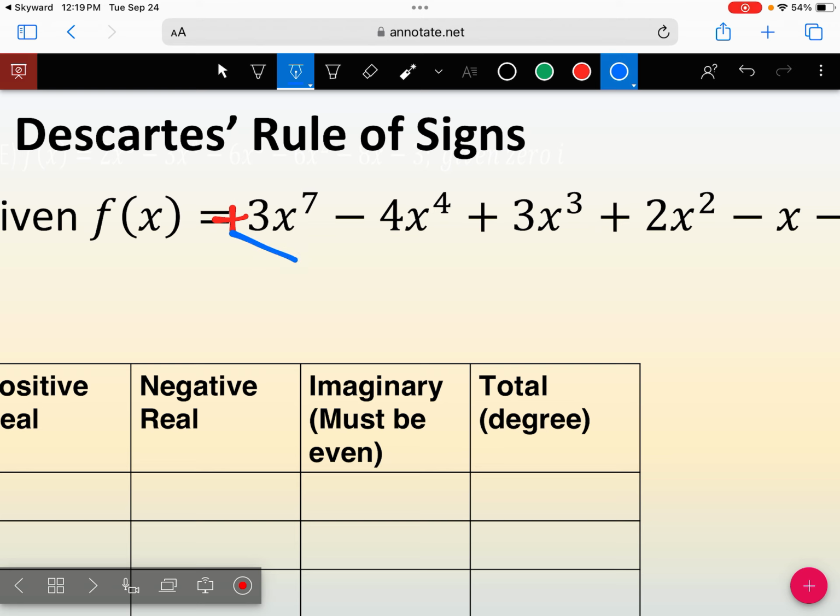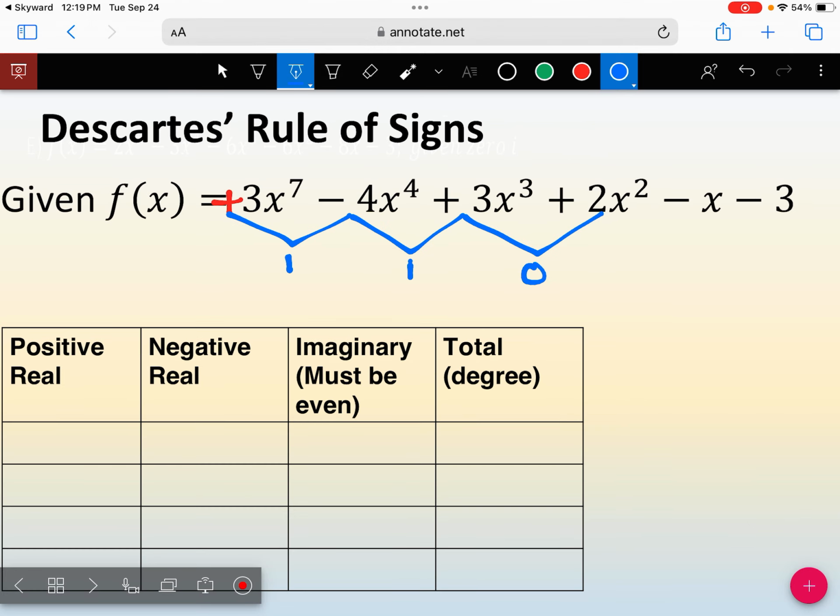When I went from here to here, do you all see how I changed signs? So that counts as a sign change. From here to here, did I change signs? I went from a -4 to a +3. Yep. And then I jumped from a +3 to a +2. Did I change? Nope.